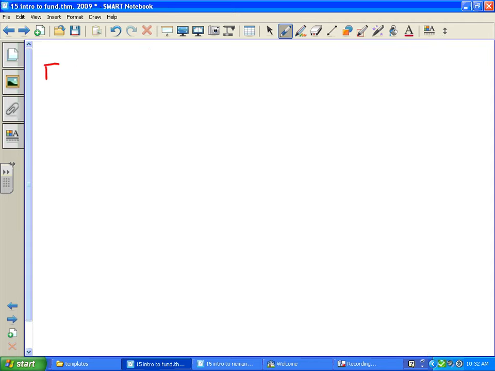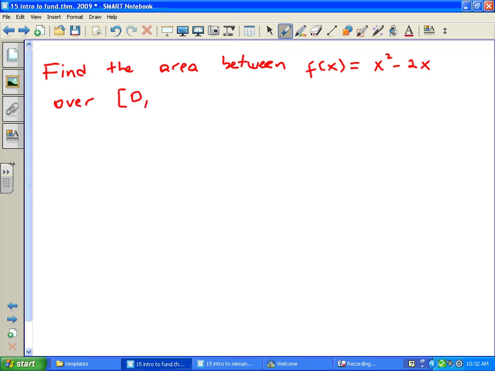Let's find the area between f of x equals x squared minus 2x over the interval from 0 to 5.